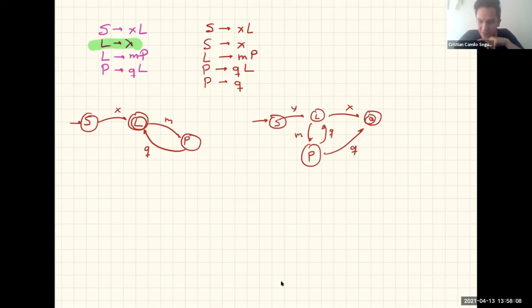I create two lambda states because if we have one lambda state, the diagram is not deterministic. Ah, yes, don't worry. We don't care, not for this part. If we ask for it to be deterministic, then we need to convert it to deterministic. Okay.